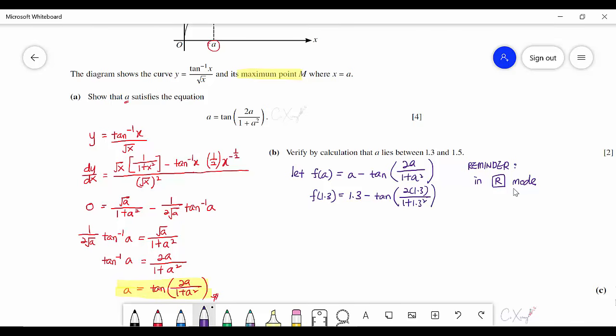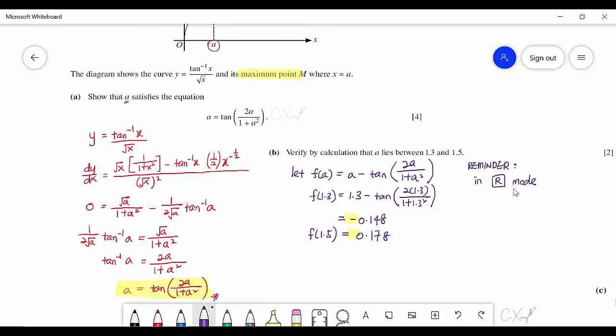Eventually you should get a value of 0.4148. Then if you substitute 1.5 and press the calculator, you get 0.178. From here you can see the sign change, because when you substitute 1.3 you get a negative value, and when you substitute 1.5 you get a positive value.